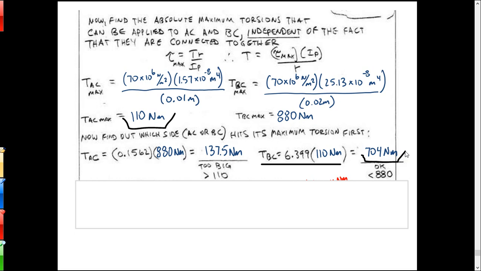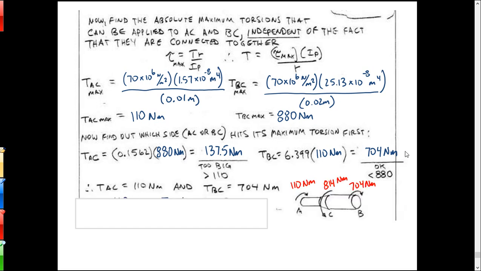And when that occurs, on the other side, I got 704. So what's happening there, when I hit 110 on the left, I hit 704 on the right. And I just add the two together, and that gets me the 814, which would be applied in the middle.